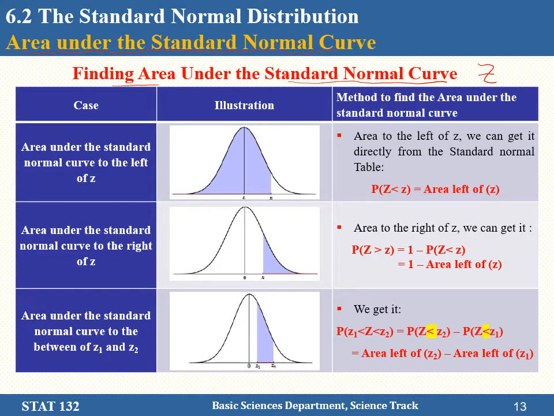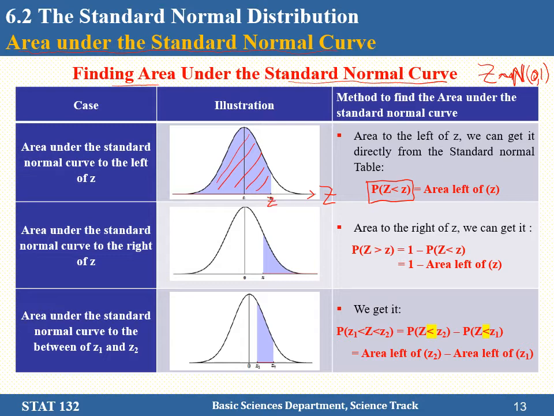Big Z has a standard normal distribution, so it means it's normally distributed with mean 0 and standard deviation 1. When you see this notation, you will understand we are talking about this area here. So big Z is showing us the variable. Little z is just a number here.